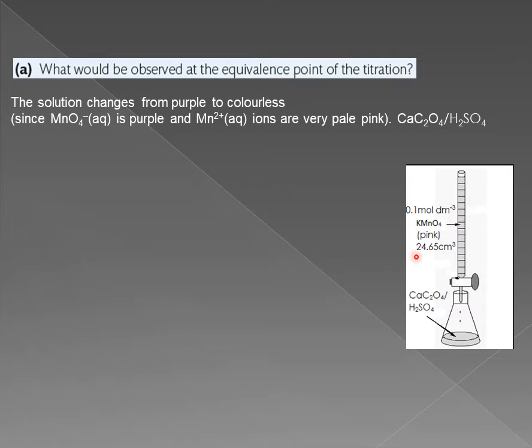We used 24.65 centimeter cubed or milliliter to get the equivalence point, and the solution that is titrated is calcium oxalate and sulfuric acid. So at the equivalence point, the solution changes from purple to colorless. Why? Because potassium permanganate is purple and the manganese ions are very pale pink, or you can say colorless.